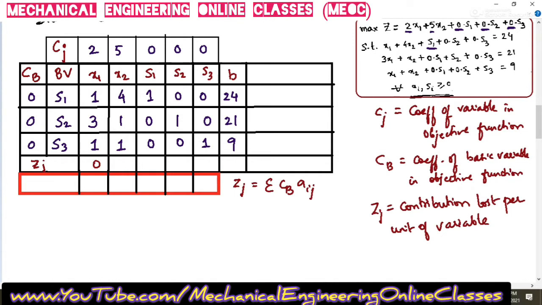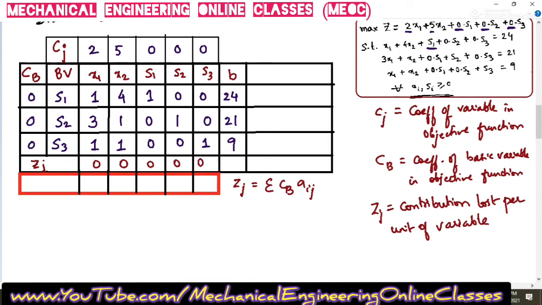Similarly, under x2, we have 0 into 4 plus 0 into 1 plus 0 into 1, which is again 0. No matter what the technological constants are, because they are multiplied by CB, which are all zeros, we have Z as 0, 0, 0 under every variable.